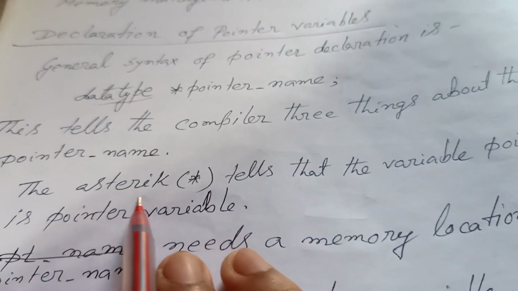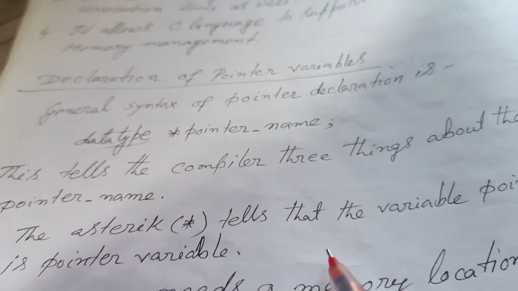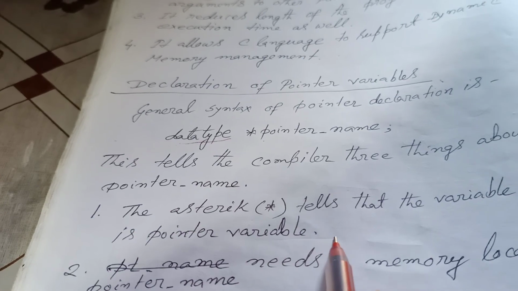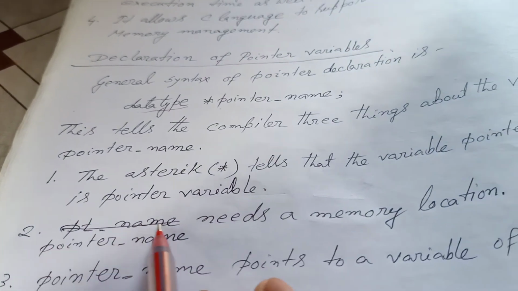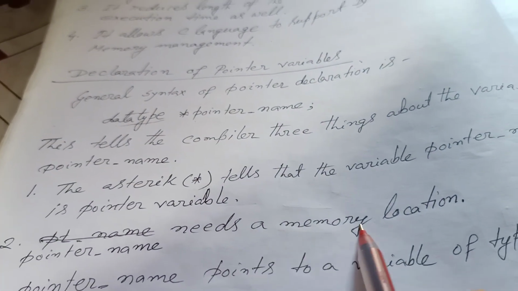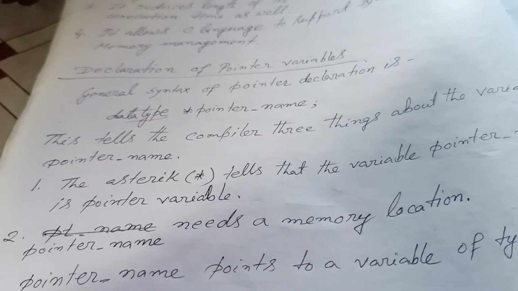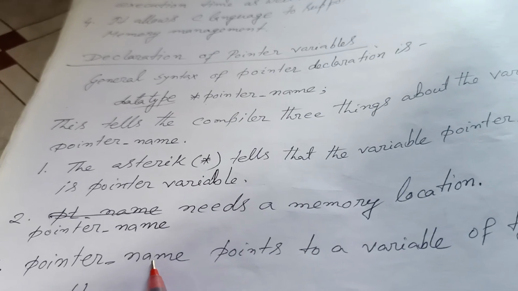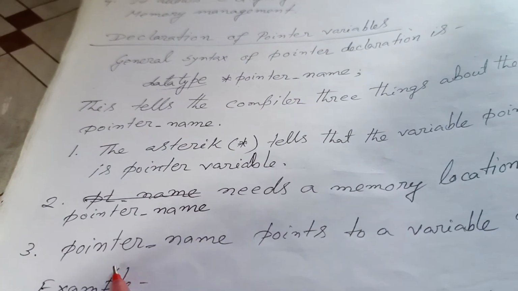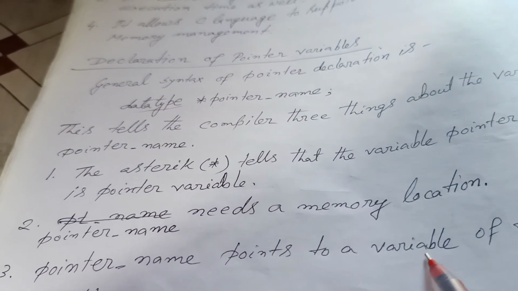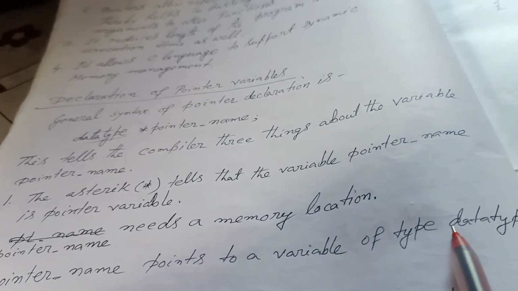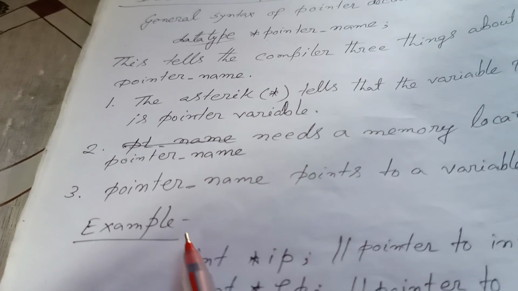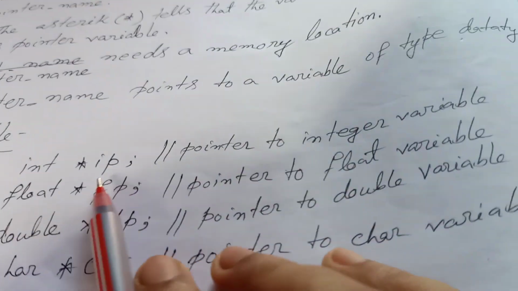First, the asterisk tells that the variable pointer name is a pointer variable. Second, it needs a memory location. And the third is, pointer name points to a variable of type data type.